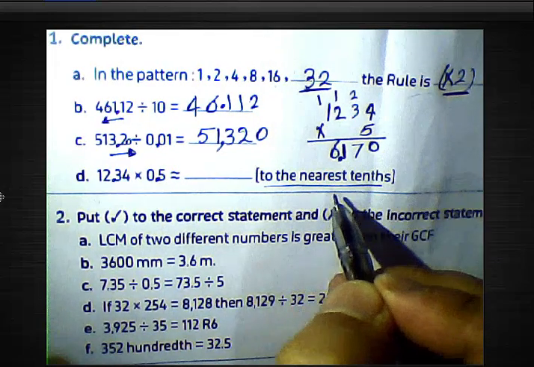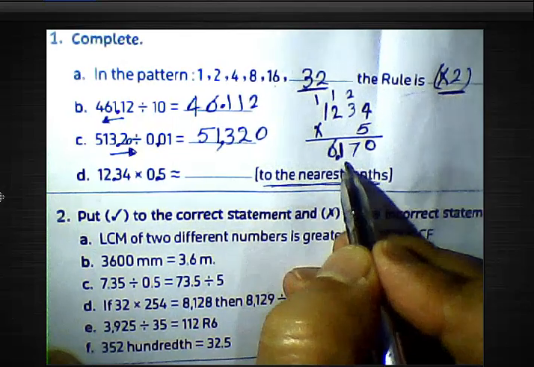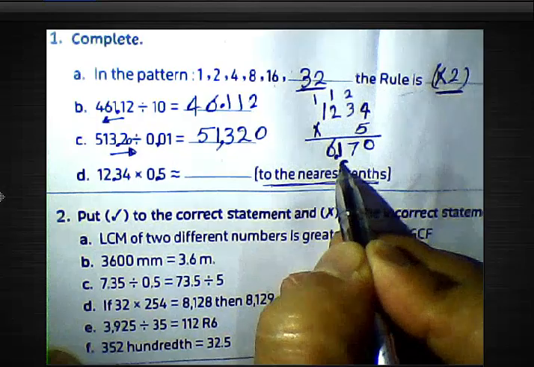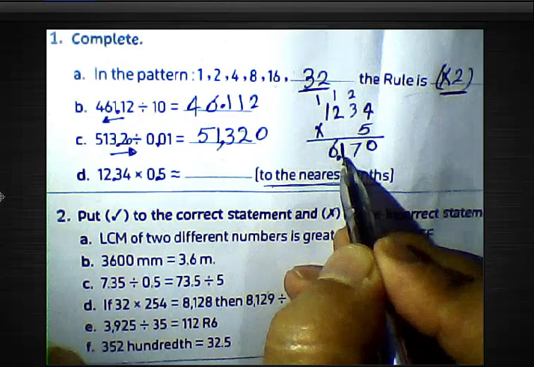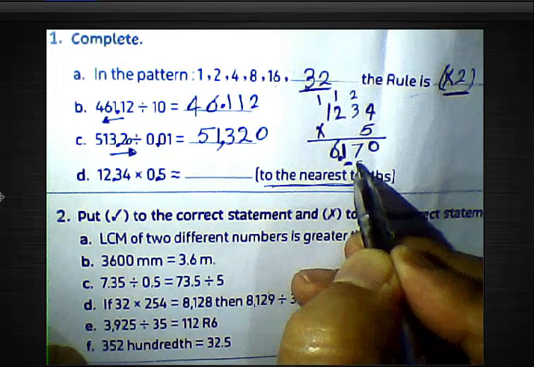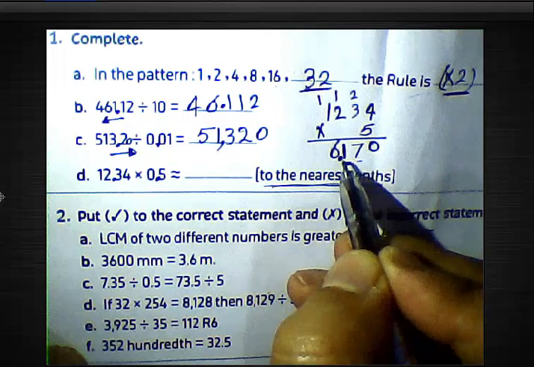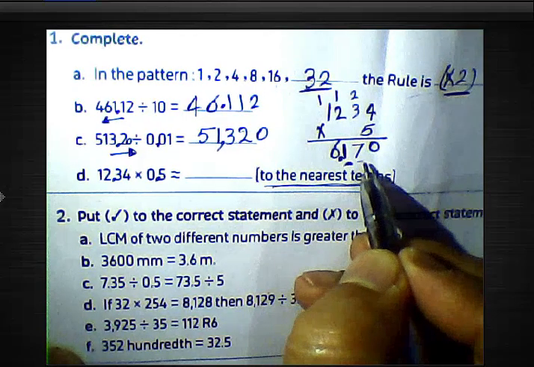So you can find the result by approximating to the nearest tenths. Where tenths here is 1. Okay, 7 is the rich number. Can it give 1 to the 1? If we have 5 or 6 or 7 or 8 or 9, we will give 1 to the tenth because it's more than the half.